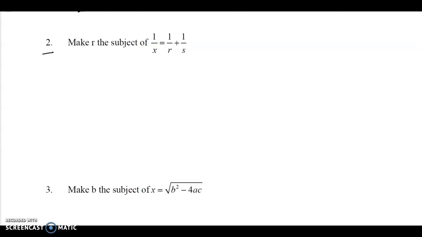So if we multiply through by r, we're going to get r over x equals r over r plus r over s. Okay, r over r is just 1, so really we've got r over x equals 1 plus r over s.